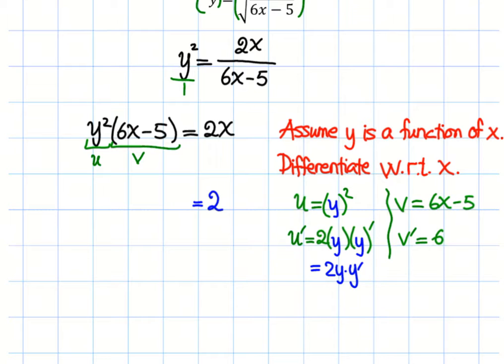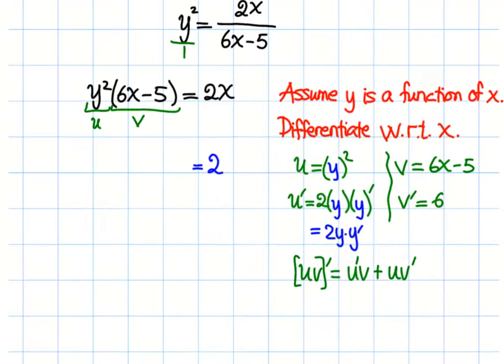Now we're going to put in the product rule. Product rule of uv is u prime v plus u v prime, derivative on the outside, the first and then the second.